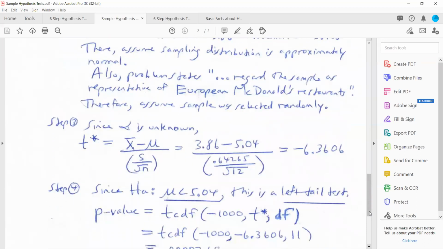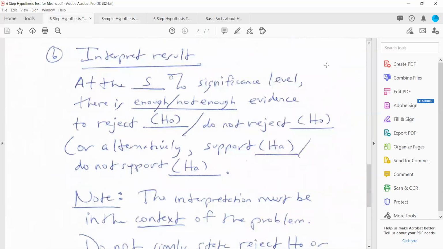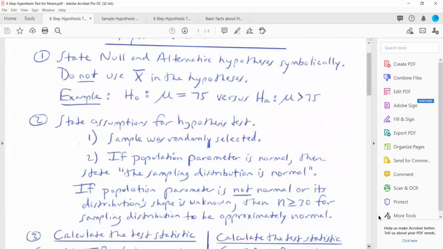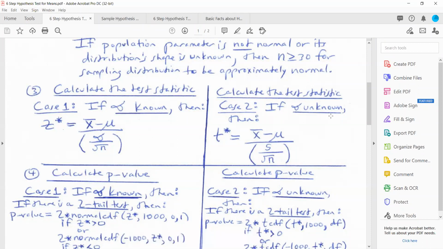Step 3. So we're going to assume we can go ahead and do the hypothesis test. Since sigma is unknown, let's go back to the steps here, step number 3. Notice that the test statistic depends on whether sigma, the population standard deviation, is known or unknown.